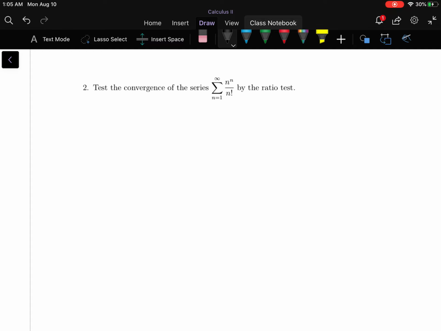And so we have that a_n is n to the nth power over n factorial, and this means that a_(n+1) is going to be (n+1) to the (n+1) power over (n+1) factorial.